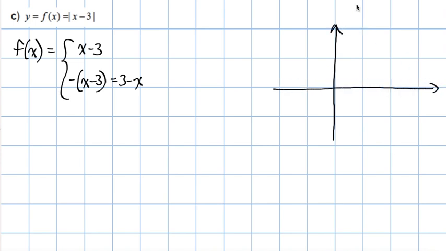If I was looking at this as a graph, I would have a point here at 3, 0, and it would go up in a V. Okay, and so this x value of 3 is going to be the deciding factor between whether we're going to have the positive version or the negative version. So this is when x is greater than or equal to 3, and this is when x is less than 3.